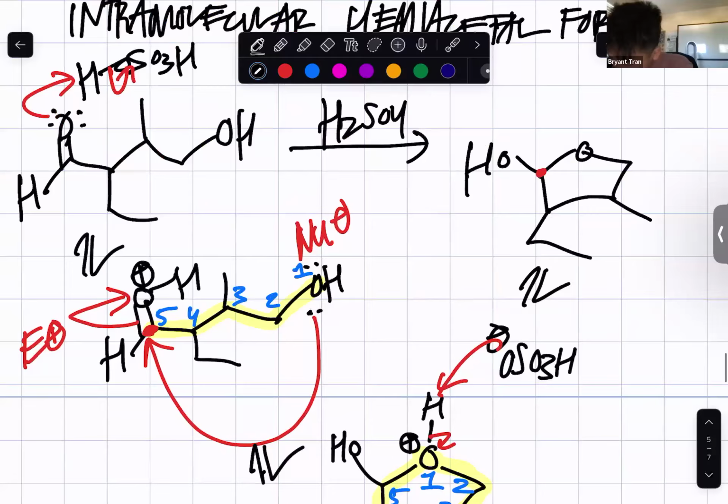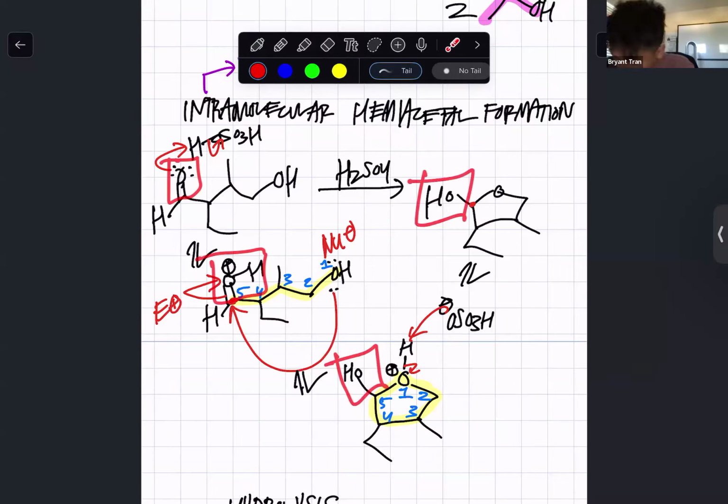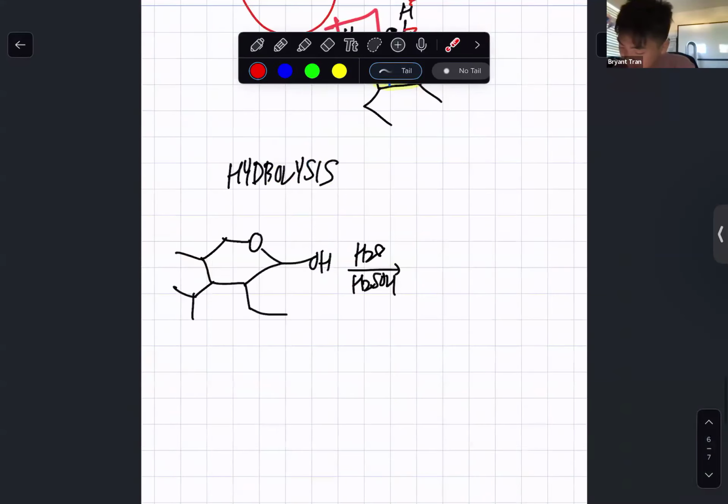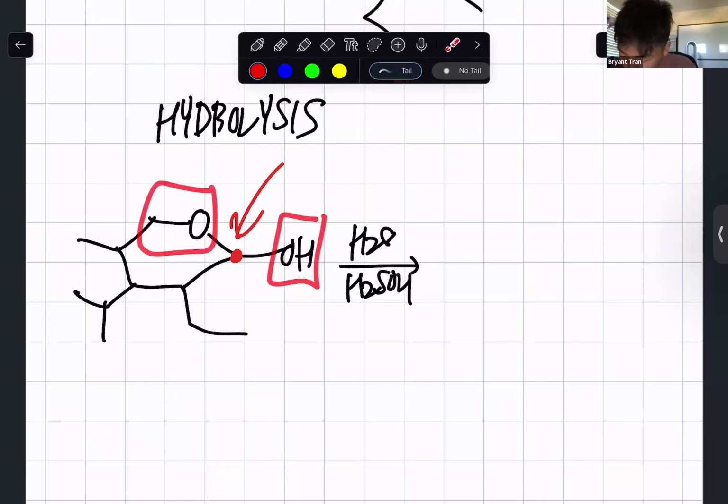Now in the mechanism, what did this carbonyl oxygen become? If we track it all throughout, what did it become in the product? The alcohol. Correct. So when you have a hemiacetal like this, know that the alcohol was a carbonyl. And this right here is the hemiacetal carbon because it is attached to an OH group and an OR group.